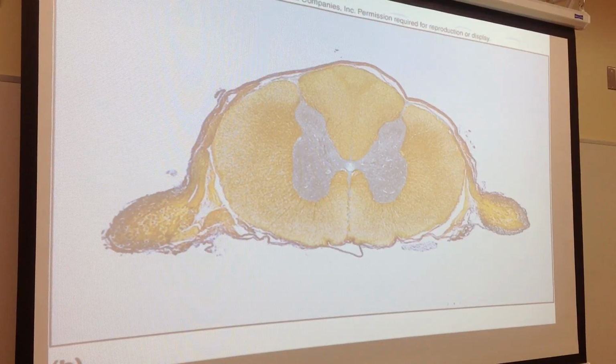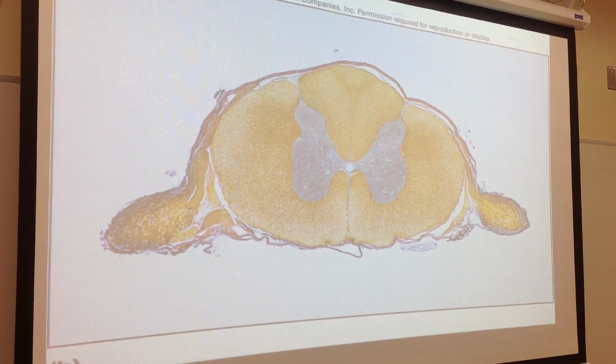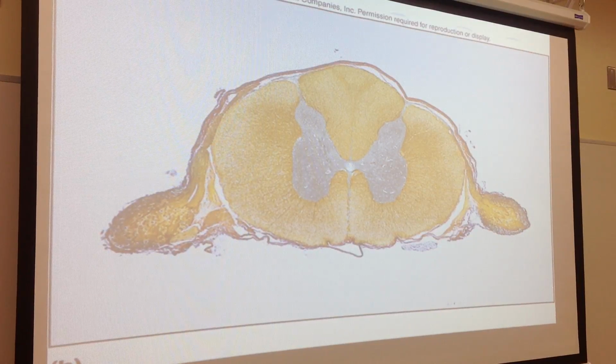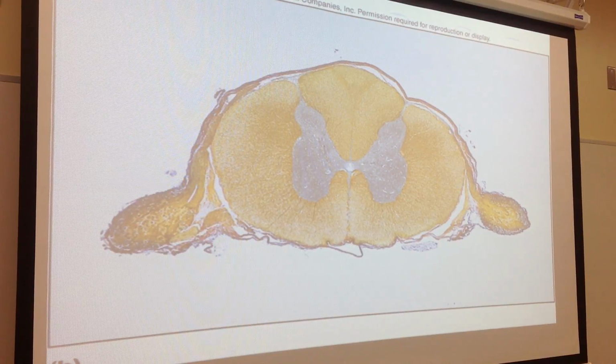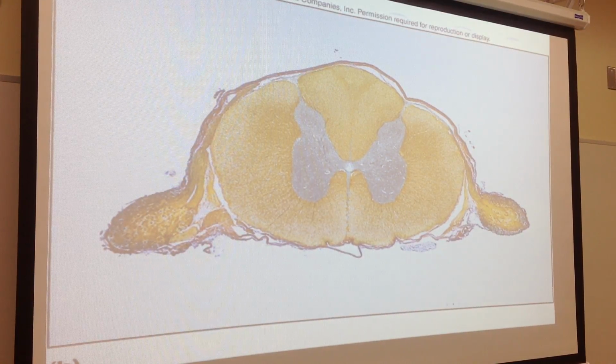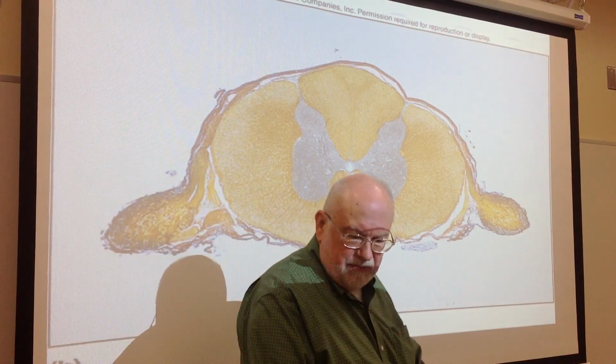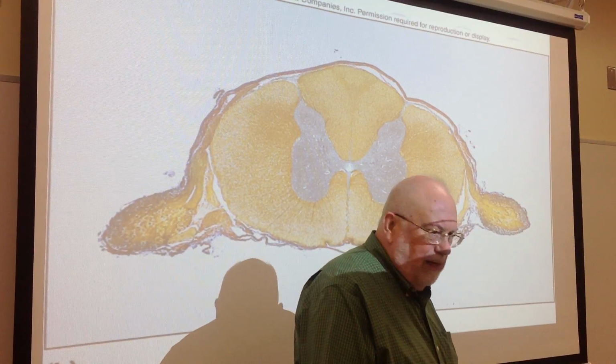Right. Now what could be simpler than that? And where do you find the cerebrospinal fluid circulating? Which layer? Subarachnoid space. Right. That's exactly right. Okay, so there we go. Now that's pretty simple, I think, is it not? Well, then.